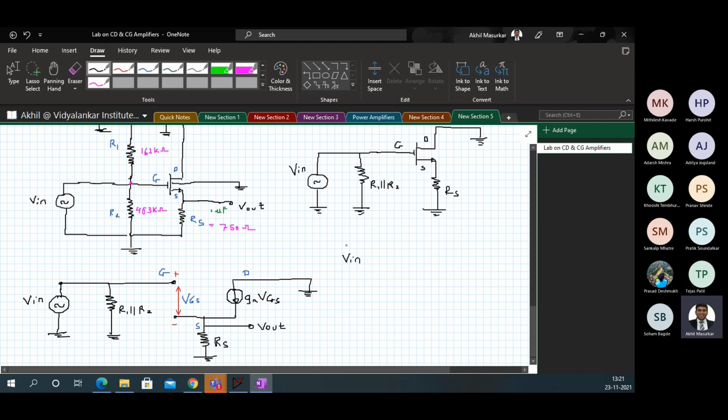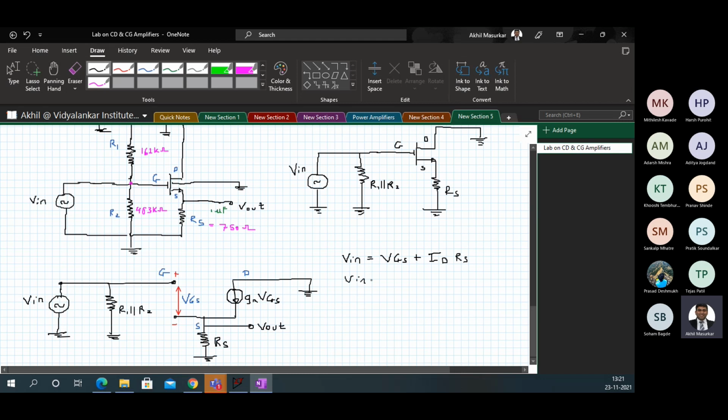So between gate and ground, Vin is equal to VGS plus Vs. The current flowing through RS is ID itself, into RS, and this ID is nothing but GM VGS.